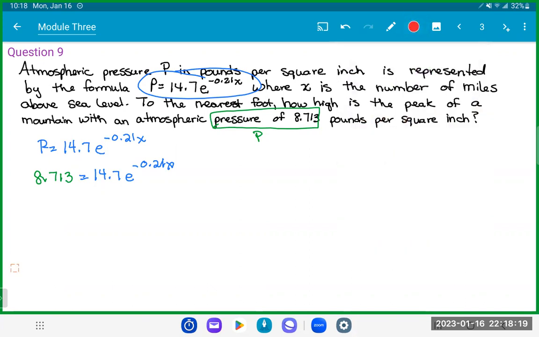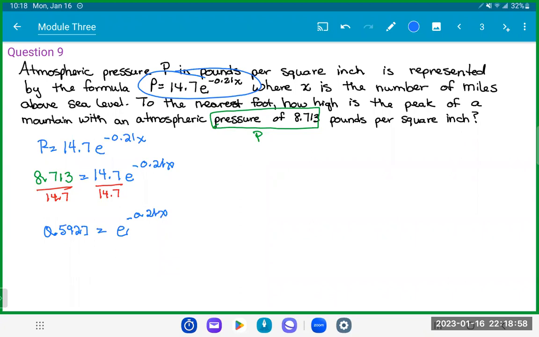We need to isolate the x, so let's divide both sides by 14.7. When we divide both sides by 14.7, we get approximately 0.5927 on our left-hand side, and we're left with e to the negative 0.21x on the right-hand side.